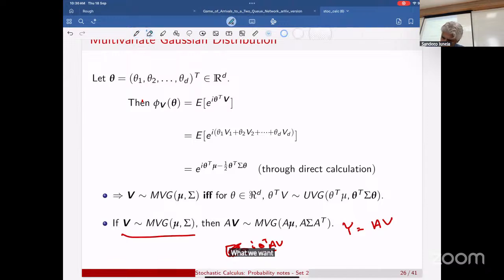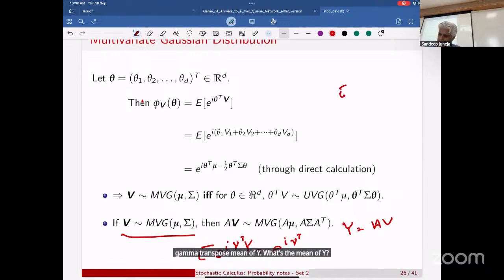What we want to show is that E of e to the power i gamma transpose Y is equal to e to the power i gamma transpose mean of Y. What's the expected value of Y?